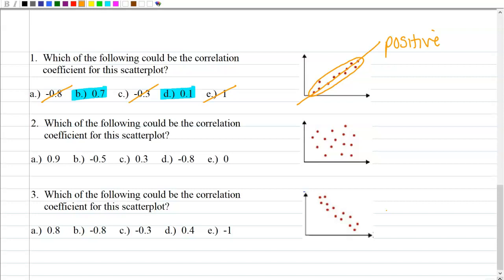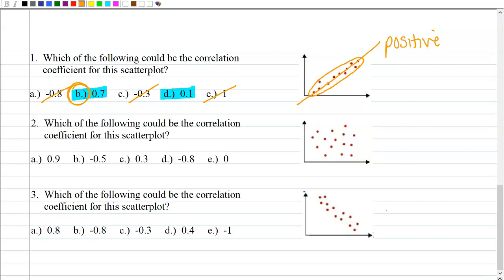So let's think back. As the values of R get closer to 0, when we circle our points, we end up with a circle. As the values of R get further away from 0, our circle looks more like an oval. In this case, I would say that when I circle my points, I definitely seem to have more of an oval. So I'm going to go with option B as the correct answer.